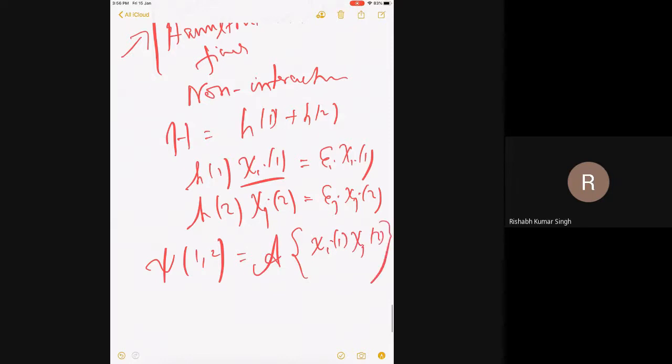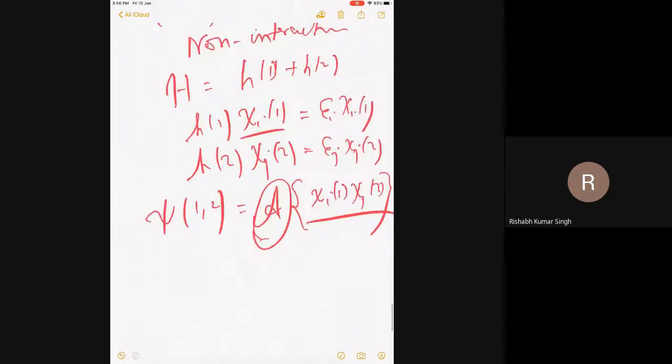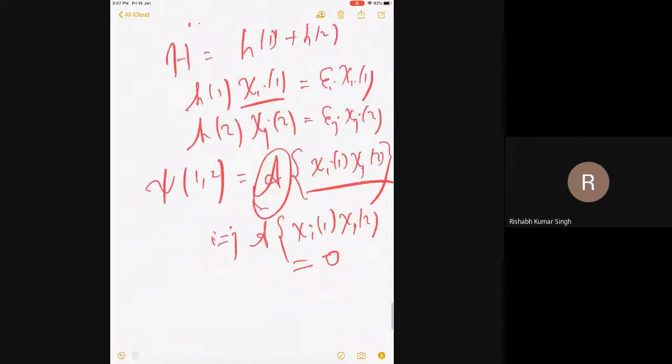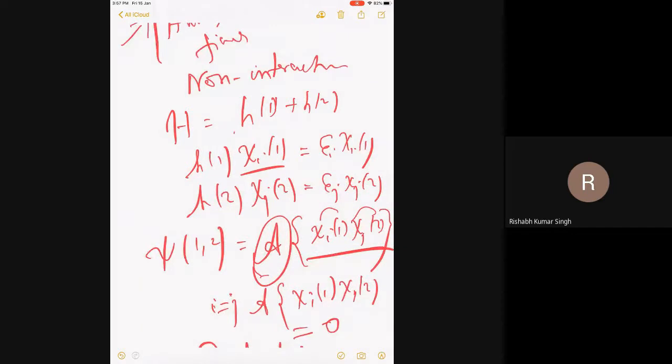We discussed this already: the wave function would be multiplicatively separable, except that for the electronic problem I have to introduce an antisymmetrizer. Then I know that for i equal to j, the antisymmetrized chi i of 1, chi j of 2 becomes 0. That's the statement of the Pauli principle. However, this simple discussion that electron 1 is in a spin orbital chi i and electron 2 is in a spin orbital chi j was possible because of the separable Hamiltonian.